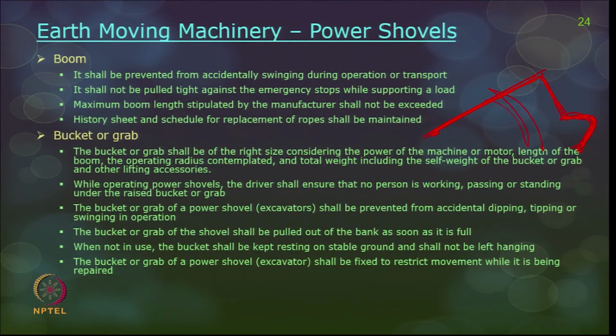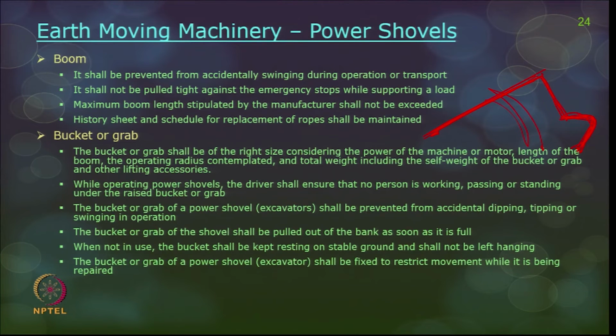Now, what about the bucket or the grab? The bucket or the grab load, as planned earlier, should not be overloaded at any point of time, and while operating the power shovel, the driver shall ensure that no person is working, walking or passing by under the raised bucket or grab.